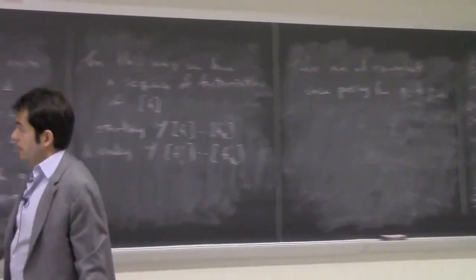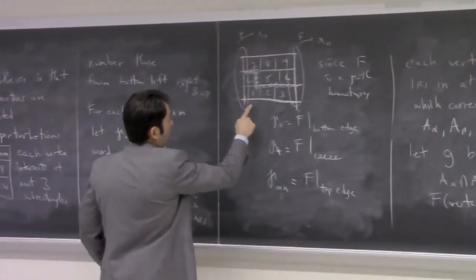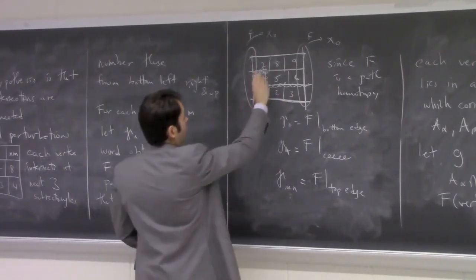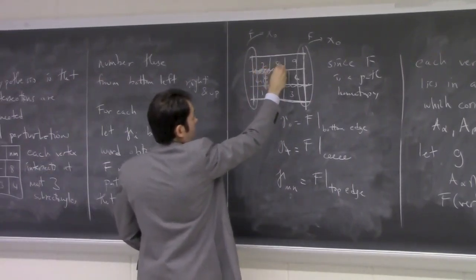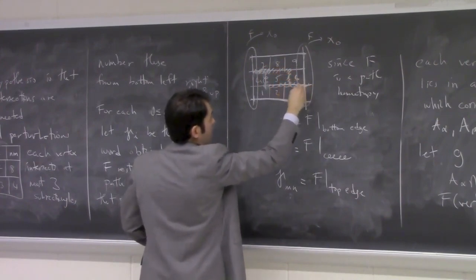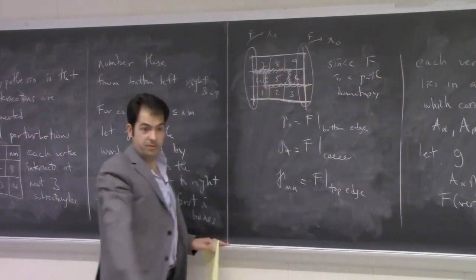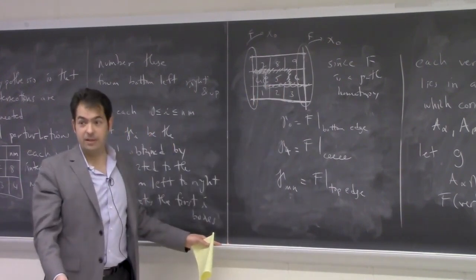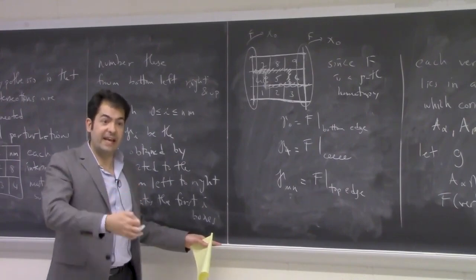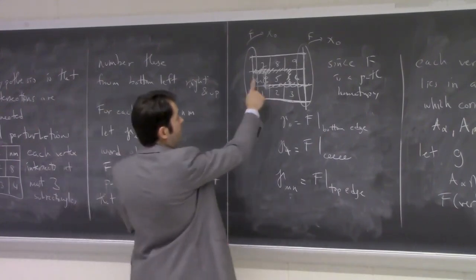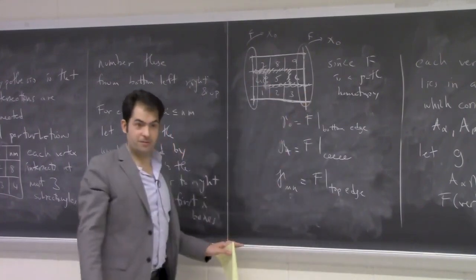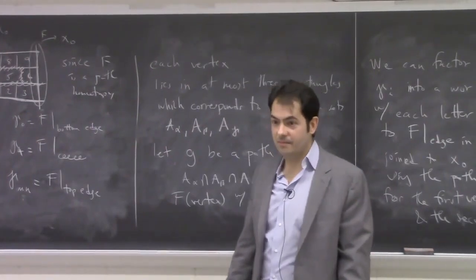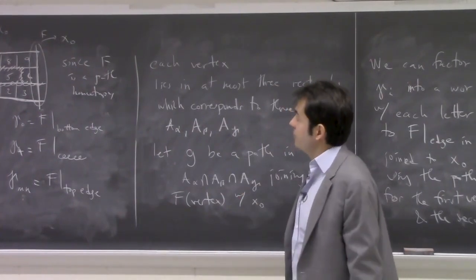So if you have gamma 4, which followed this curly path, and now you want to go to gamma 5, which follows this hashed path, then the only difference is in square 5, and square 5 gets mapped into a single A_i. So you just do a homotopy inside A_i to get from this factorization to that factorization. And you don't have to worry about connecting this because the corner is no part where it's touching 3. Exactly. Yes.